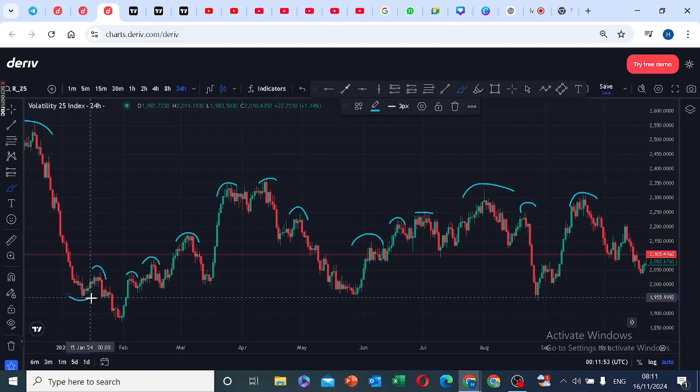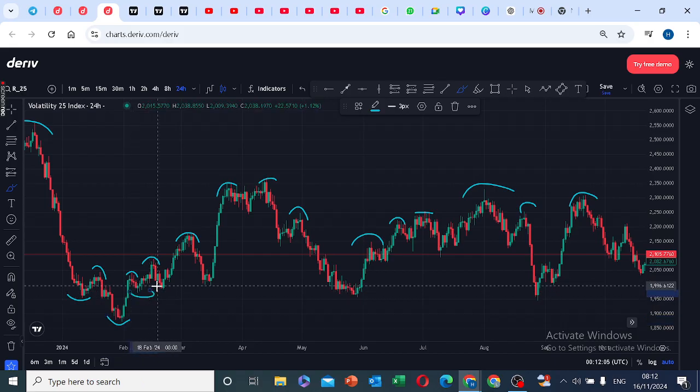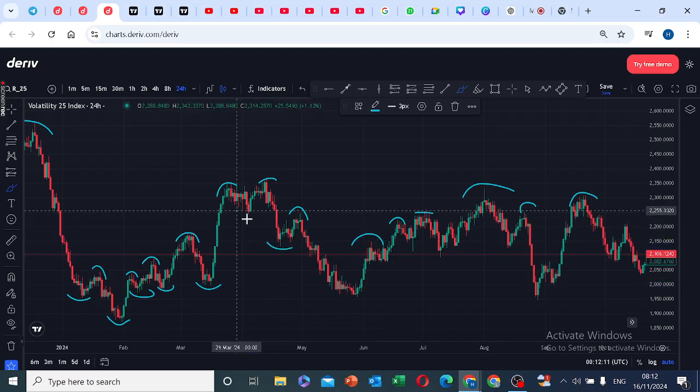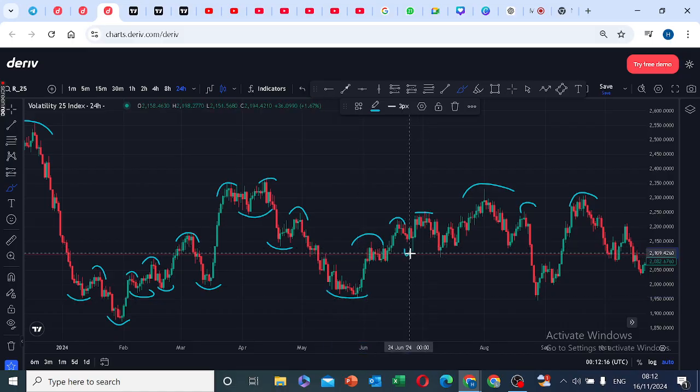Now, this is a low. A point where you have a bearish and a bullish candlestick signifies a low. Here also, a point where you have bearish and bullish candlesticks signifies a low. This is also a low. This is a low. This is also a low. So you will clearly see that all those points at the bottom are called lows.